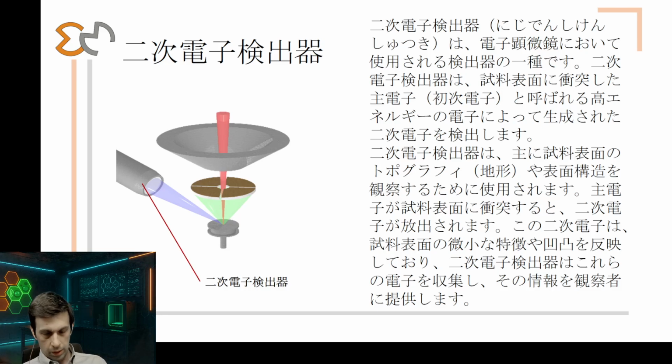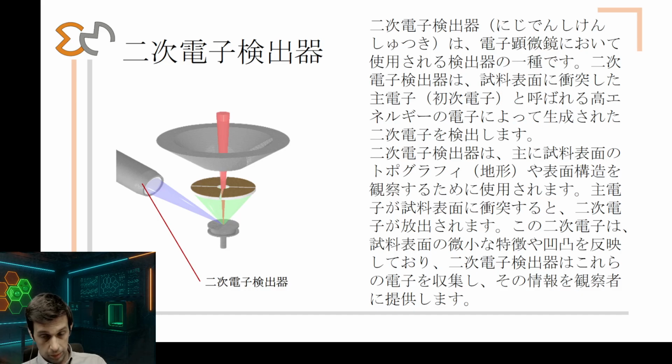And in the case of the secondary electron detector, what happens is the primary electrons go and hit the surface of the sample. At this point, secondary electrons are generated, and the secondary electrons are reflected, and might go to a detector.